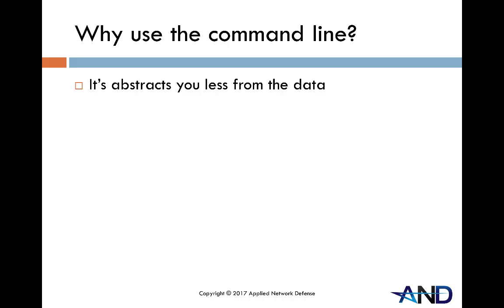Graphical tools tend to have more abstraction, whereas command line tools have less because they don't have as many options for extracting the data. As in, when you're displaying text-based data in a text-only way, you can only abstract so much. So generally speaking, you're less abstracted from the data, which means less assumptions are being made in regards to the analysis being conducted. Less assumptions often means better analysis or forces you to make your own assumptions.